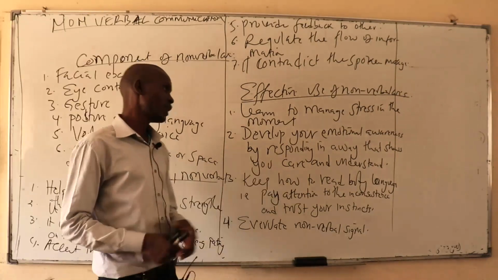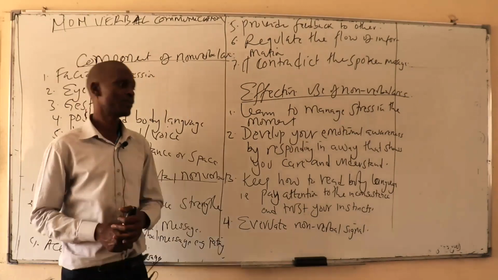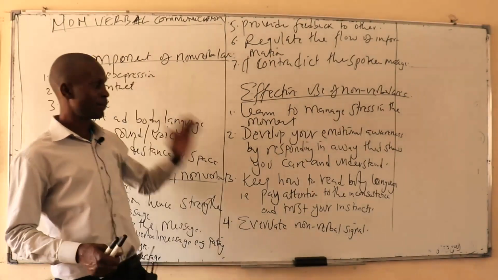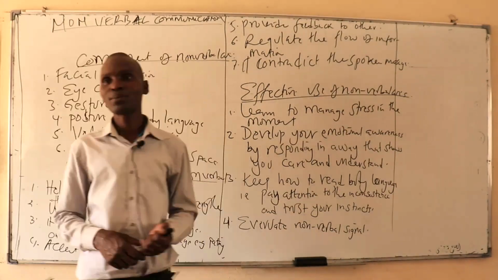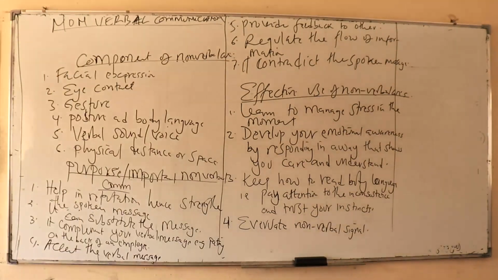Then keep learning how to read body language by paying attention to inconsistency. Maybe what this person is saying is not what he's demonstrating while he's saying it. Those inconsistencies may be the ones conveying the message that person had to convey.